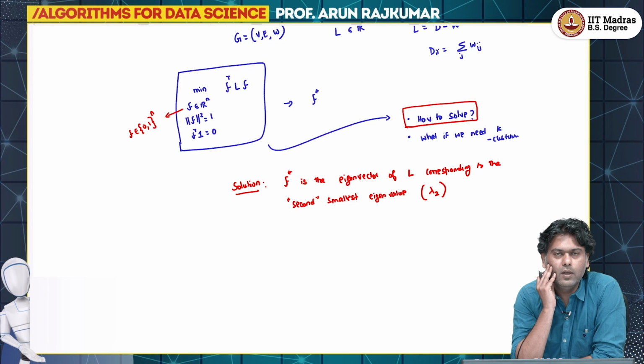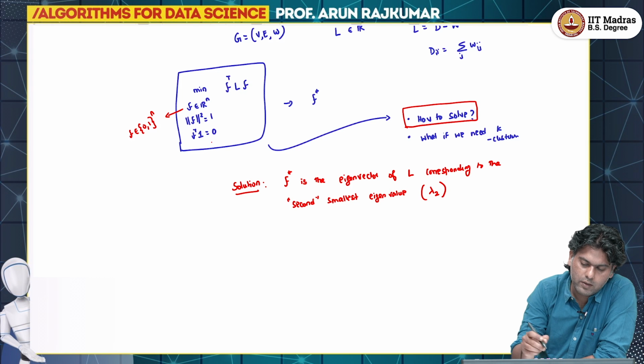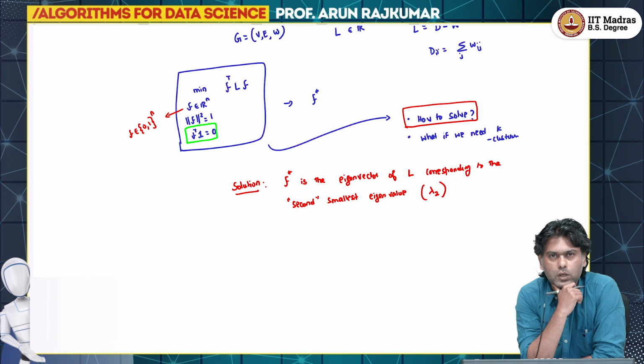Well, what is happening here? Let us say I had solved this problem without the constraint f transpose 1 equals 0.